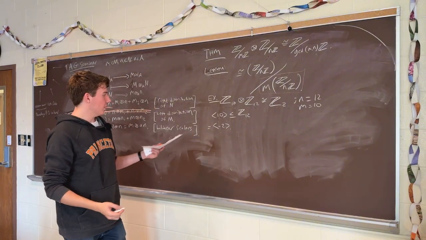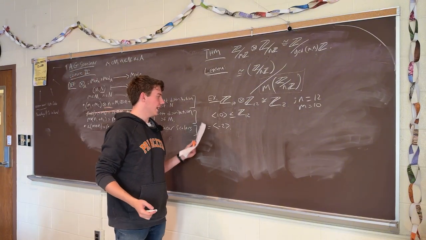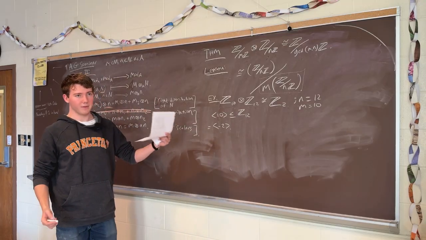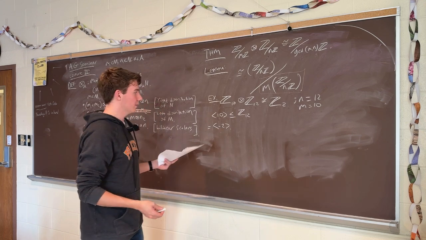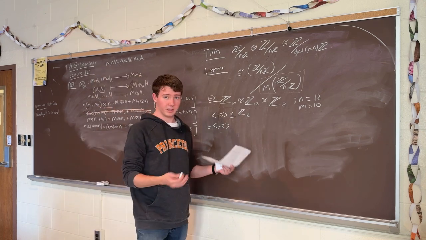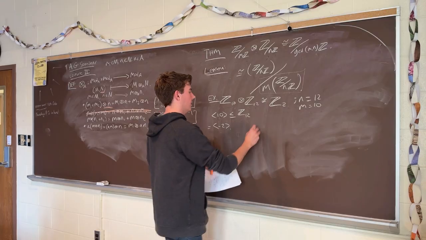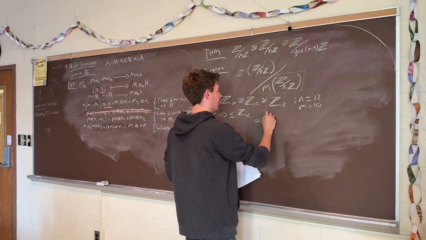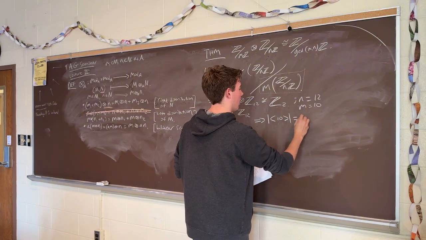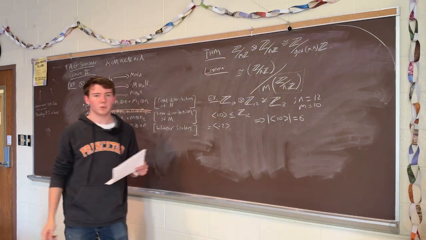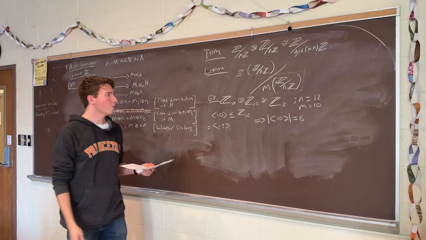Well, it's not too hard to see that if we take additive inverses, we're really looking at the subgroup that's generated by 2. We know that this has 6 elements in it, right? And so we can see fairly quickly that the order of this cyclic subgroup is 6.